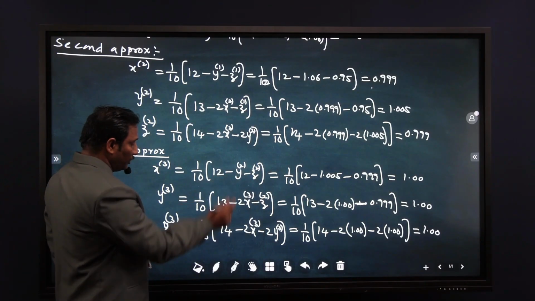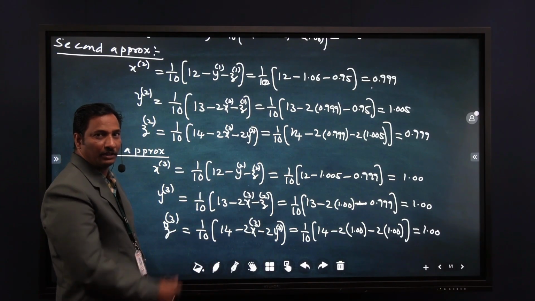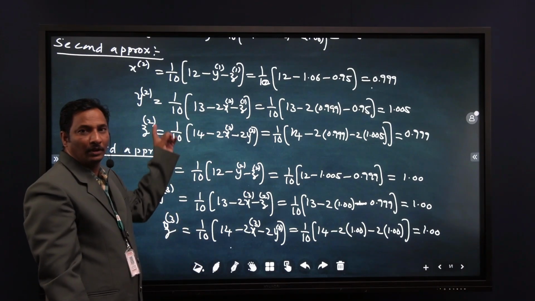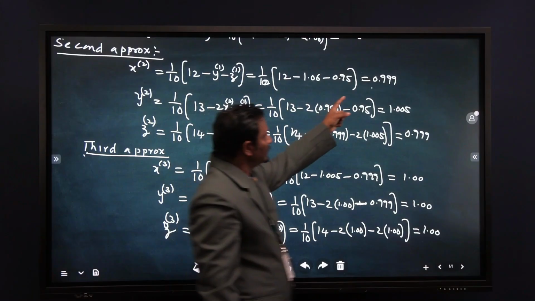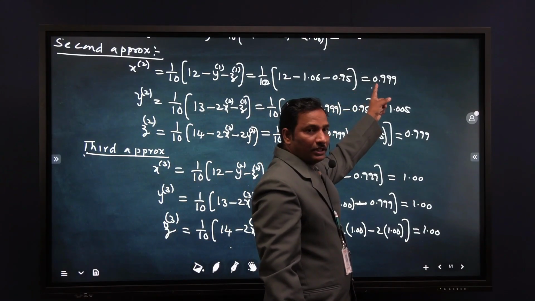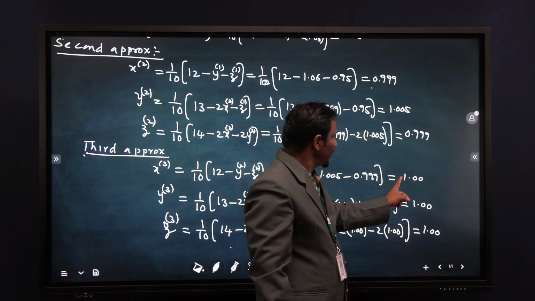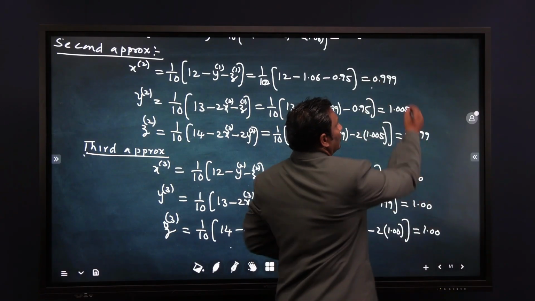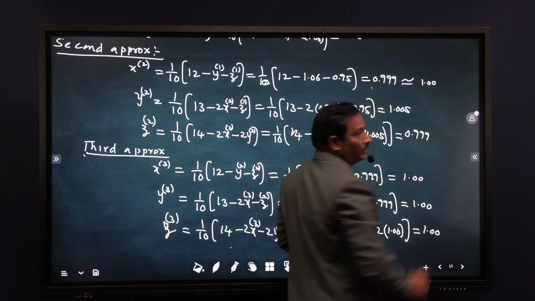Finally, we'll see the comparison of the first, second and third approximations and we'll conclude the result. Now we'll see the comparison of second and third. You see that the second approximation of x is 0.99 and the third approximation of x is 1.0. So this is nearly equal to 1.00 only.